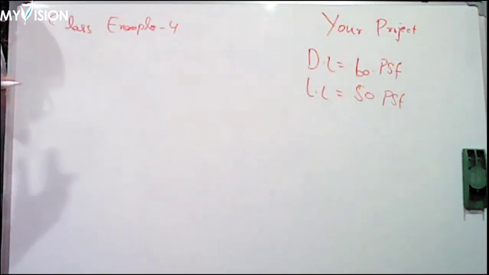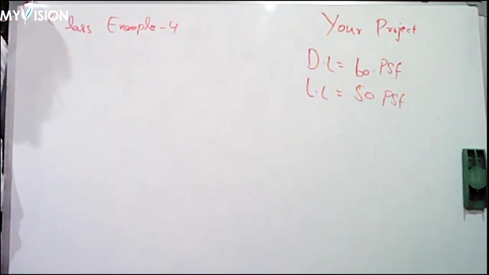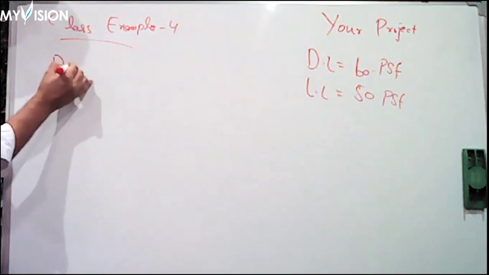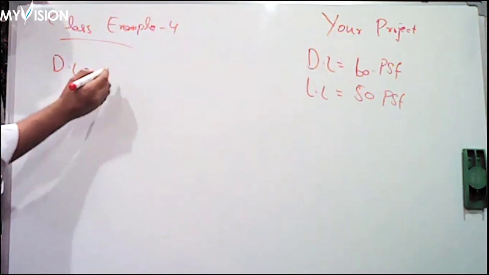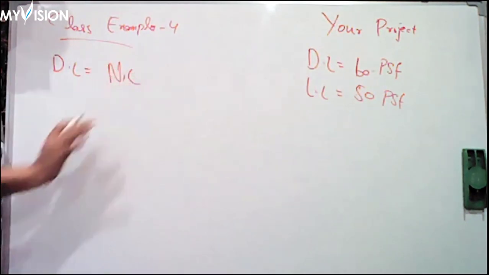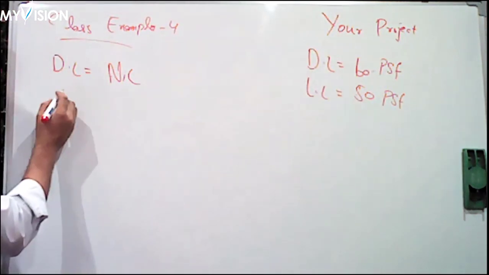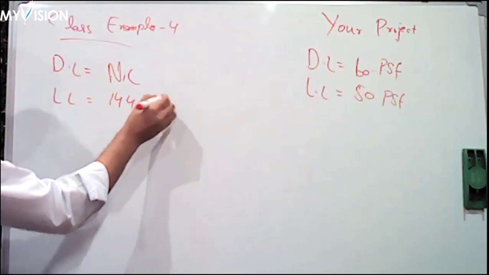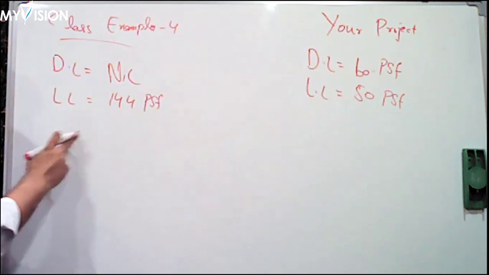In my example, dead load is not available; the superimposed dead load is nil, there is no dead load available. But the live load is 144 PSF. Clear? This is the given data.